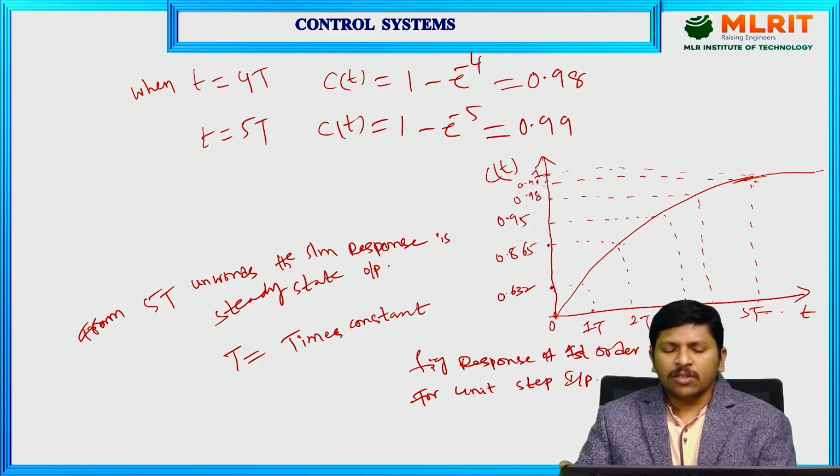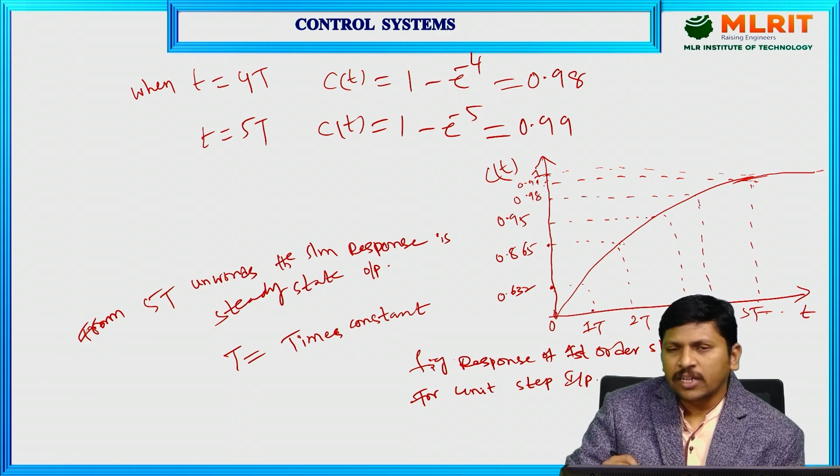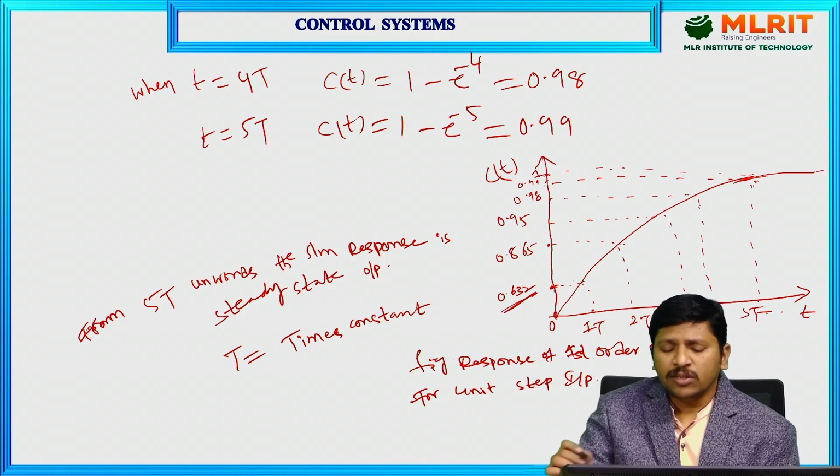Time constant is nothing but the time the response takes to reach up to 63.2 percent, or 0.632. That is the time constant. Here, the time constant T is the value for 1T, which is 0.632, right? The time the response takes to reach 0.632, or 63.2%, is known simply as the time constant.